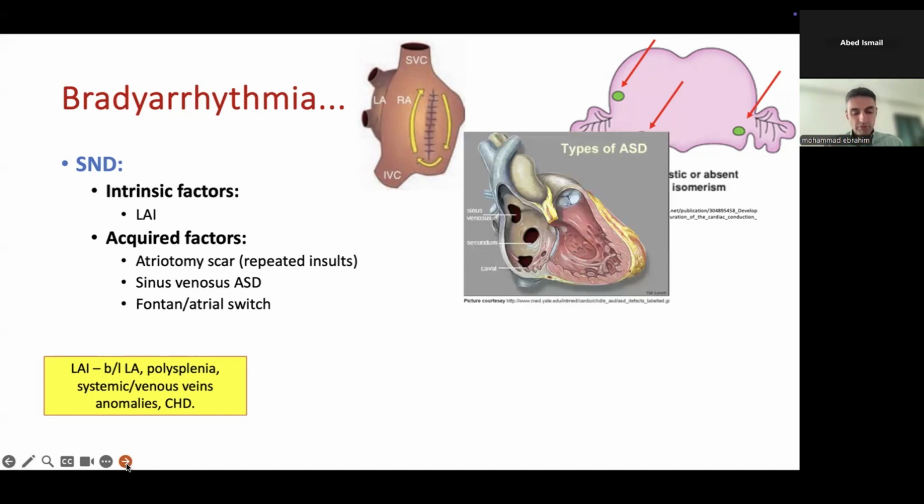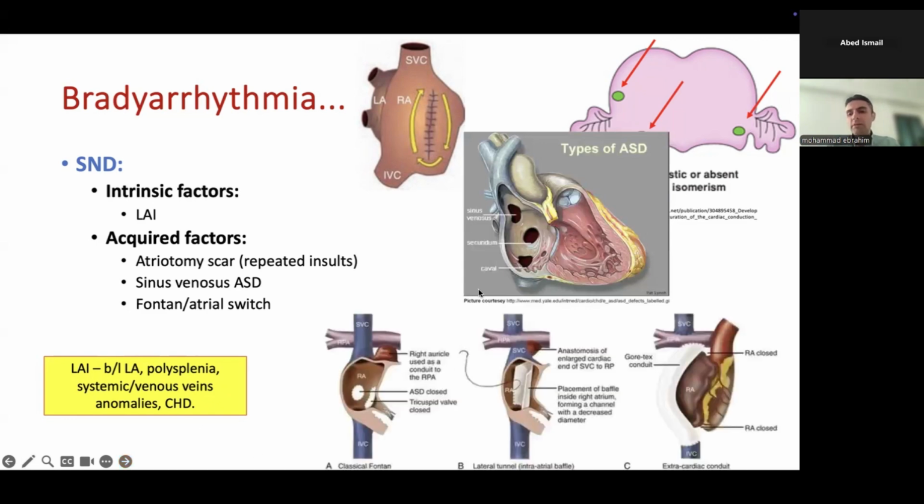Furthermore, specifically for sinus venosus ASD repair, Fontan palliation, and atrial switch palliation, there is so much suturing around the sinus node, which predisposes patients to sinus node dysfunction, in addition to the abnormal or diseased atrial tissue in Fontan, for example. And even with the most recent extracardiac, conduit-type Fontan, there is still sinus node dysfunction in such patients.